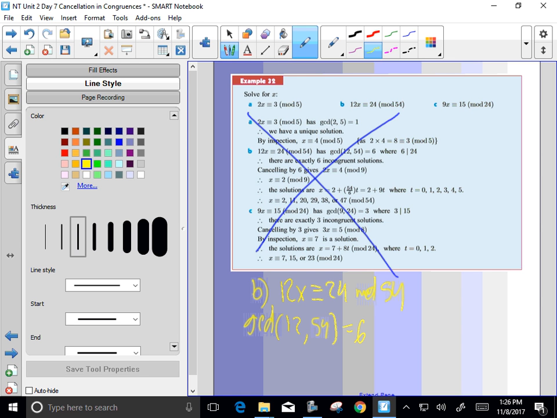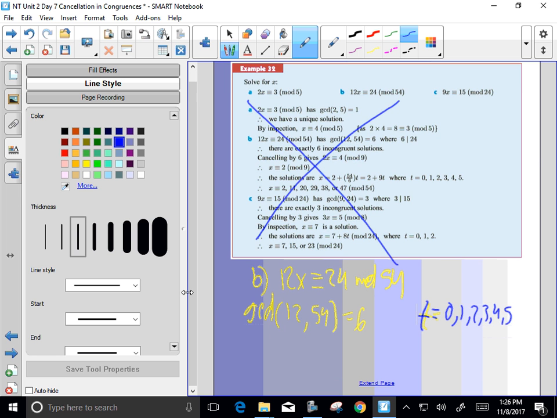Okay. So since our GCD is 6, then t is going to be 0, 1, 2, 3, 4, 5. Why not 6? Because we have the 0, so you have that one already.